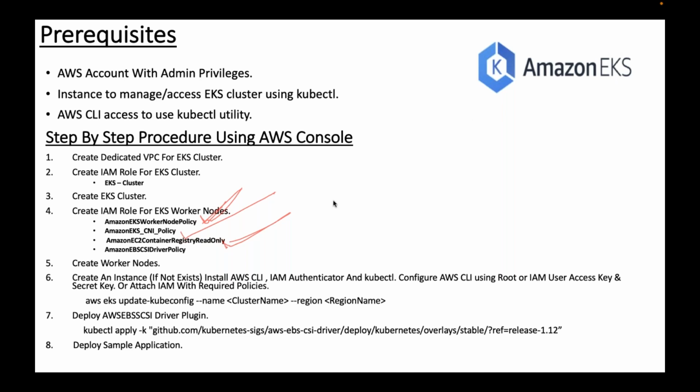So if you have images in the ECR, and you are using those images to deploy into the EKS cluster, your worker node should have permissions to pull the images from the ECR.